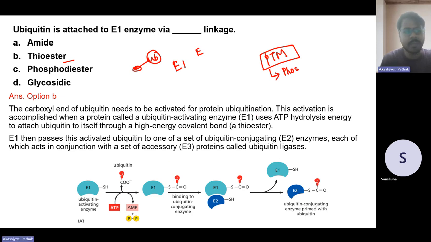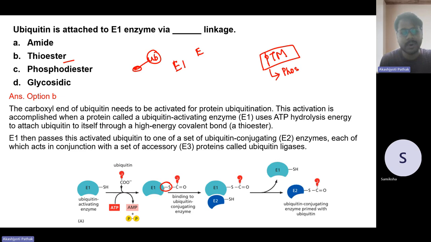This activation is accomplished by a protein called the ubiquitin activating enzyme, E1. E1 uses ATP hydrolysis energy to attach a ubiquitin to itself through a high energy covalent bond. So this ubiquitin group is attached to the E1 enzyme through this thioester bond.